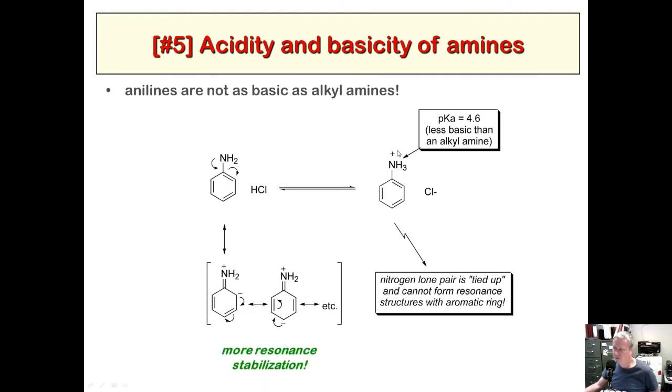That makes sense? So there's more resonance stabilization on the left, and less resonance stabilization on the right. And overall, that just makes this equilibrium not as happy, and that explains the decreased basicity of an aniline. Okay.